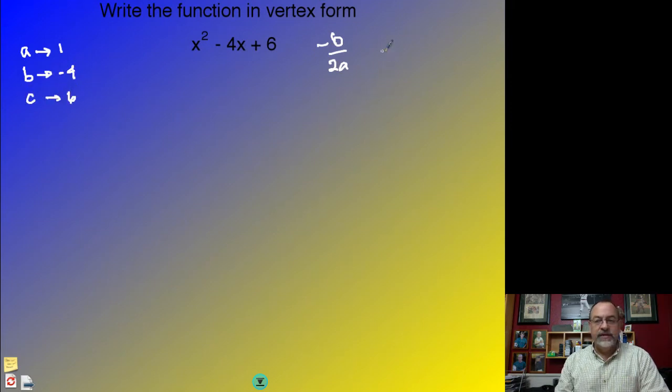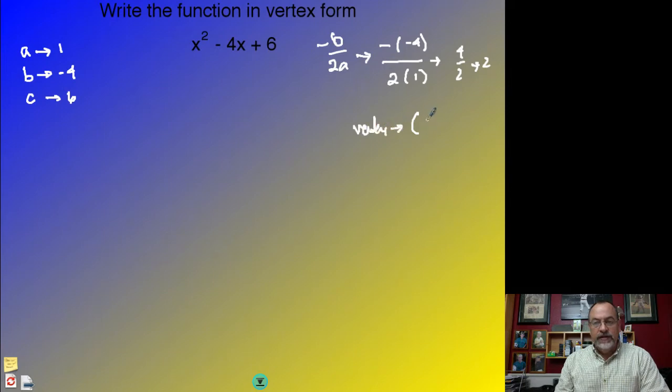So I have my a, b, and c, so I just simply substitute these values in. So the opposite of b here, which is -4, over 2 times a. So this is a +4 over 2, which is 2. So my h, or my vertex, the x value of my vertex, is 2.